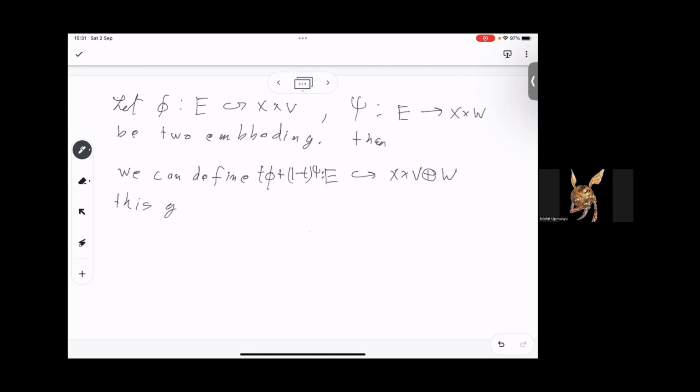This gives a homotopy between phi comma 0, the first embedding, and 0 comma psi, the second embedding.